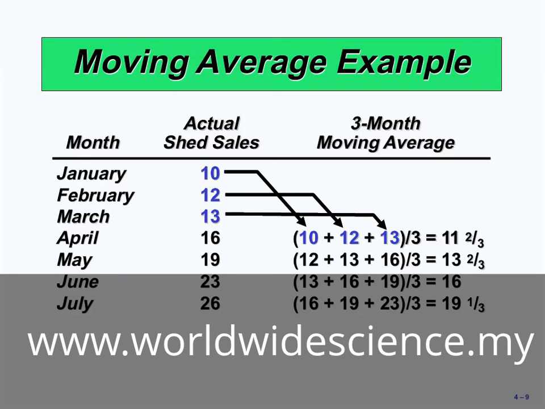If you use the 3-month moving average, you sum the previous 3 months and divide by 3. This is useful for the short range, and in companies where the situation is stable, such as a restaurant.